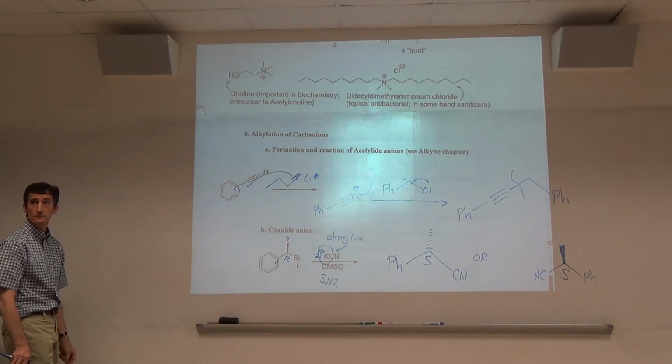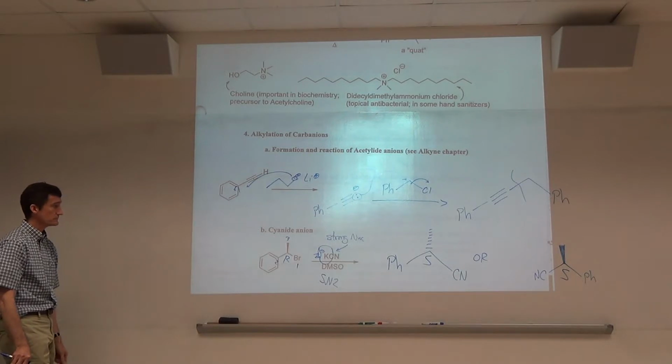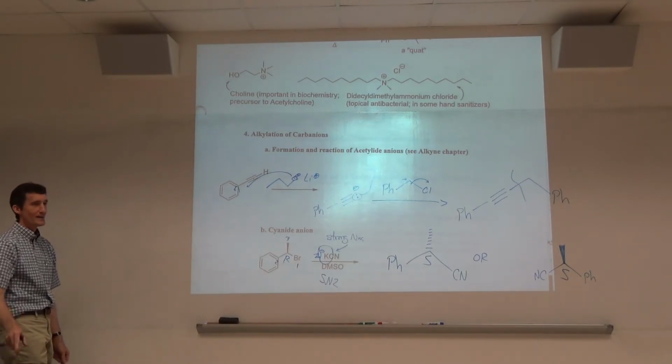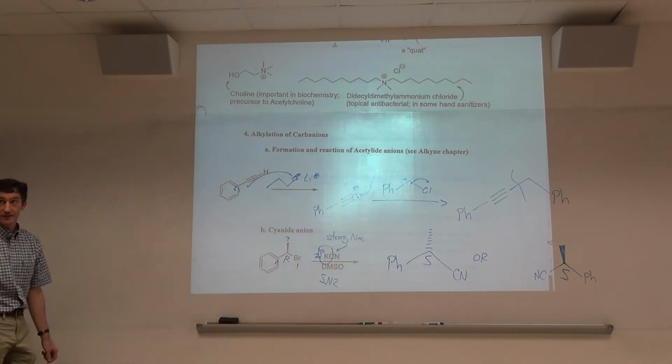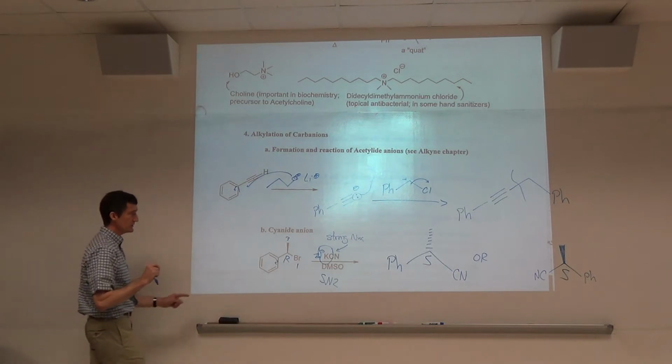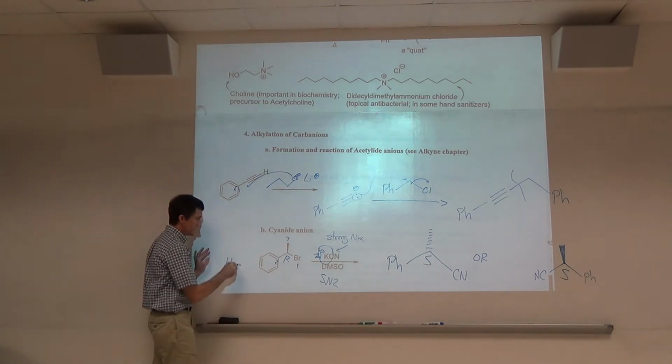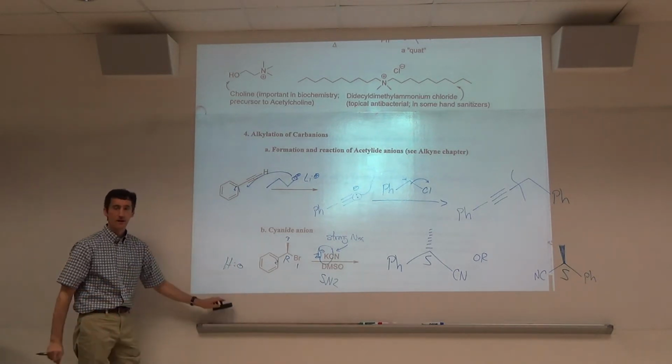No? Because you have a different group added to it, correct? Or will it always be something that wouldn't change the priority? Okay. You're exactly right. There's a potential where it would not. For example, if the nucleophile was H, you could change priority.